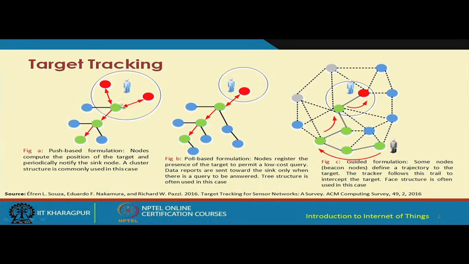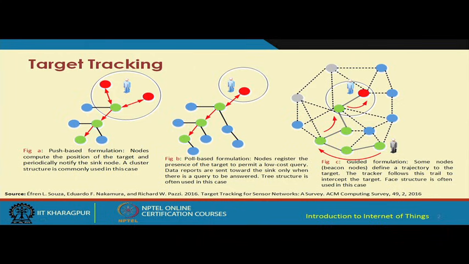If this is a sensor network deployment, then this object has been sensed by these sensors, and when this object moves, these sensors compute the position of the target and then periodically, at certain intervals of time, notify the sink node. Let us say this is the sink node. The sink node is the one which gets all the data from the other nodes, the source nodes and the intermediate relay nodes.